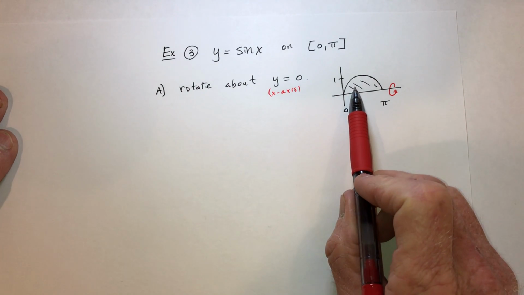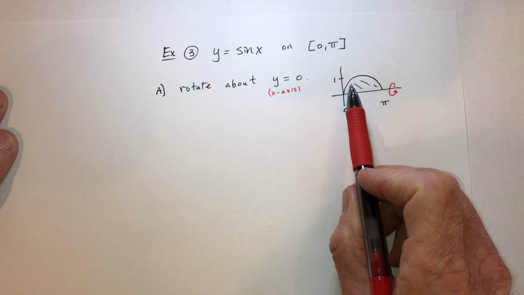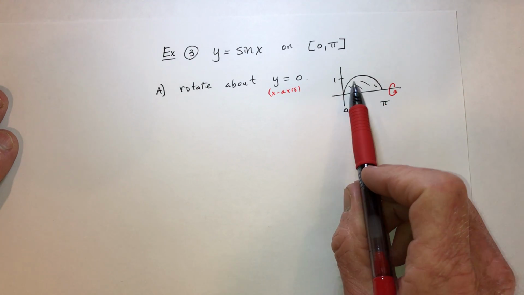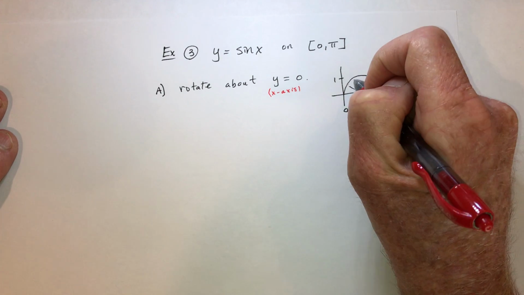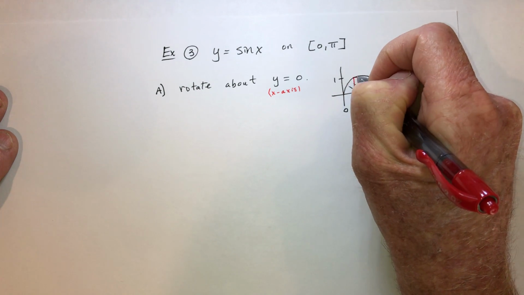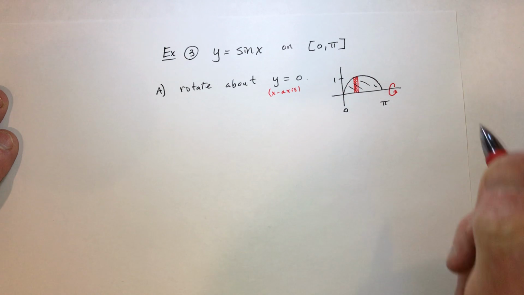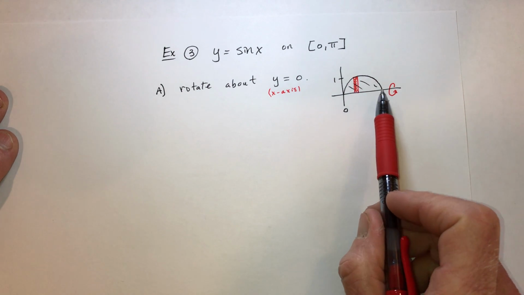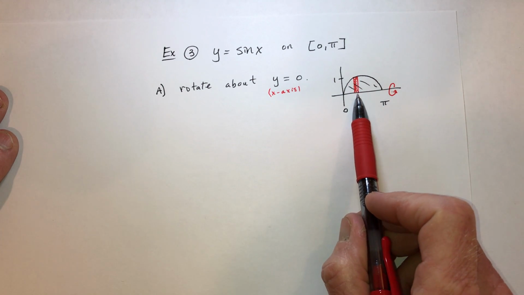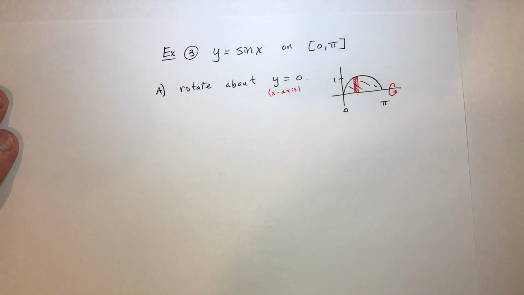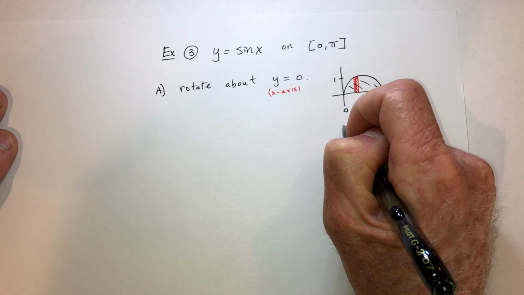With this picture right here, I cannot have the rectangle going sideways because it can't touch the same function on both sides. So it must be that the rectangle is going this direction or vertically. And these two are now perpendicular, and there's no gap, so that means that we're using the disk method.